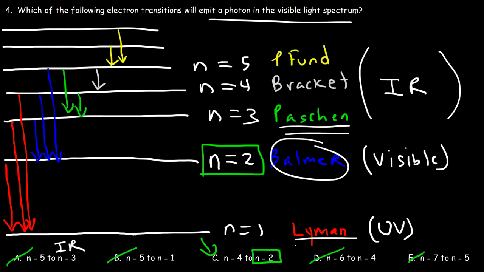B is associated with the Lyman series. It ends at n equals 1. So it's going to emit a photon in the UV spectrum. C is going to be visible light. D is associated with the Brackett series. So that's going to be in the infrared region. And E is associated with the Pfund series, which is also in the infrared region.